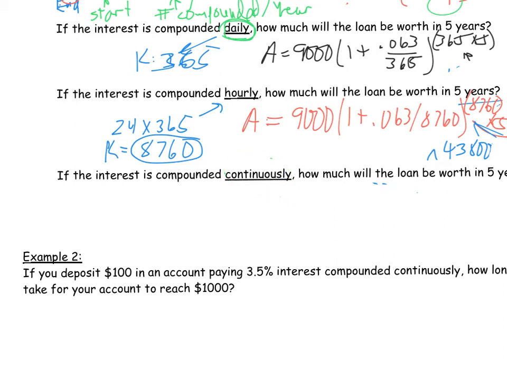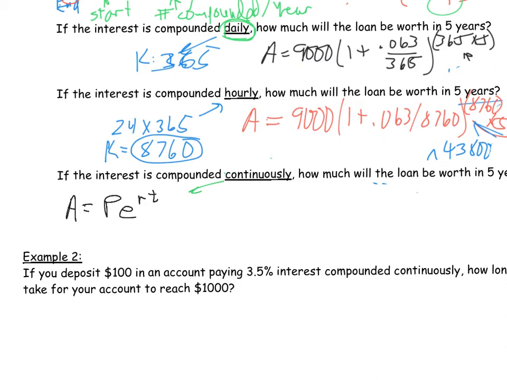The formula we use for continuously is called the APERT formula. Here's why. The amount you're going to have after so many years is your principal P, e to the RT power. E is that natural occurring element. We've talked about it before, 2.7, something like that. That's how you compound interest continuously.